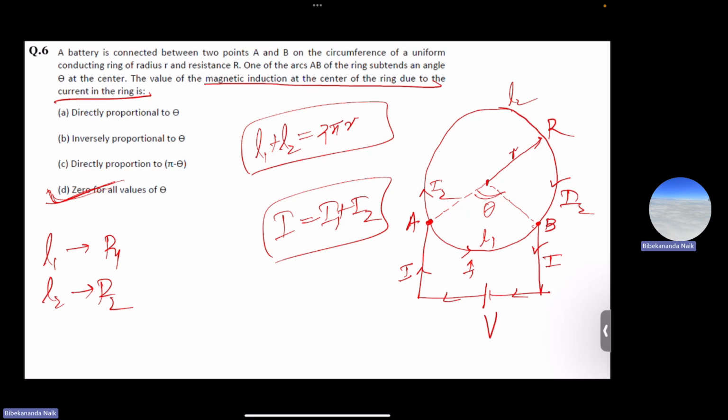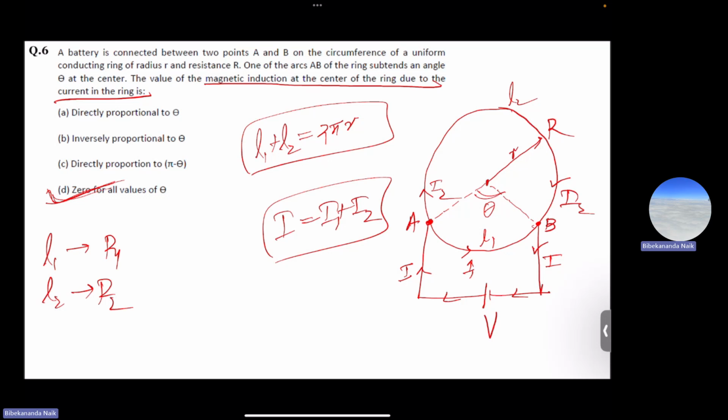That's why the magnetic field will be equal for both portions, and since the current is opposite, the direction of the magnetic field will be opposite, according to the direction rule. So the net magnetic field at the center will be 0.